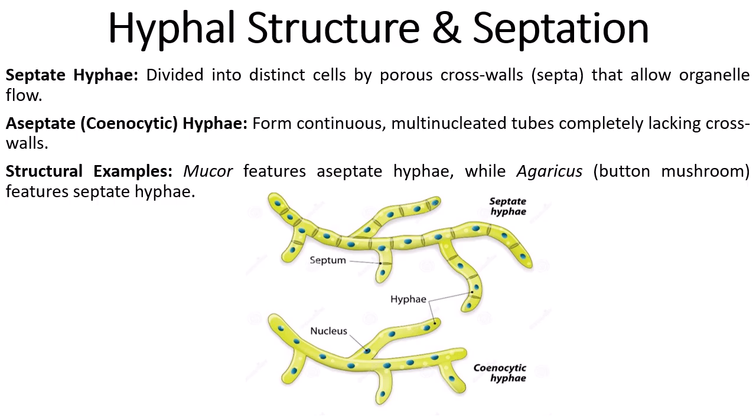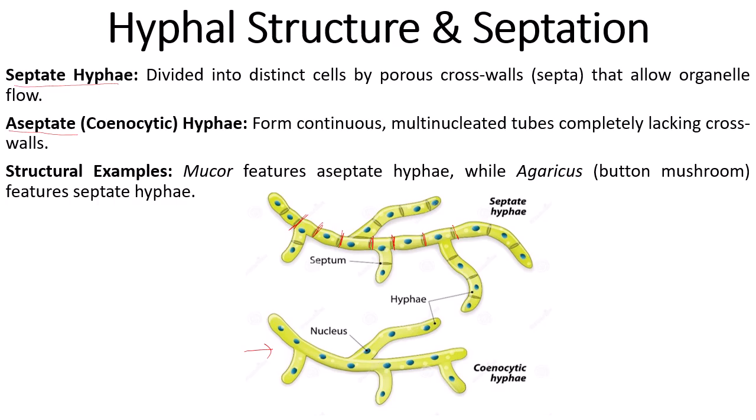Then the hyphal structure is of two different types. One you can see that is septate hyphae, and the other is aseptate hyphae. In septate hyphae, you can see that here there is a septum, and because of presence of septum it is called as septate, while in this picture you can see that there is no septum or a wall in between, and this is called as aseptate.